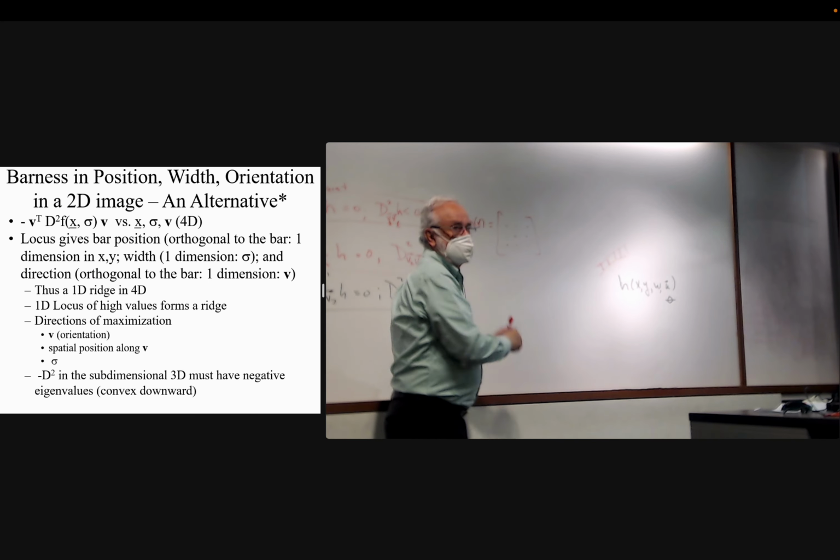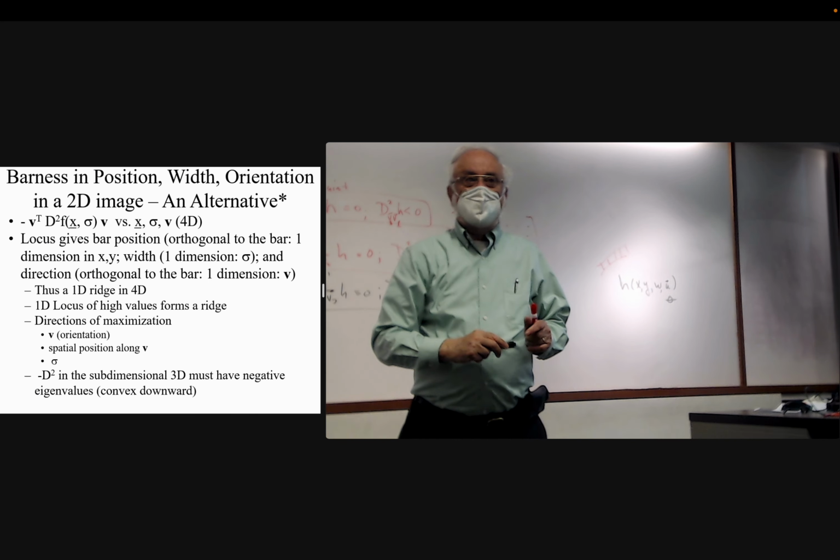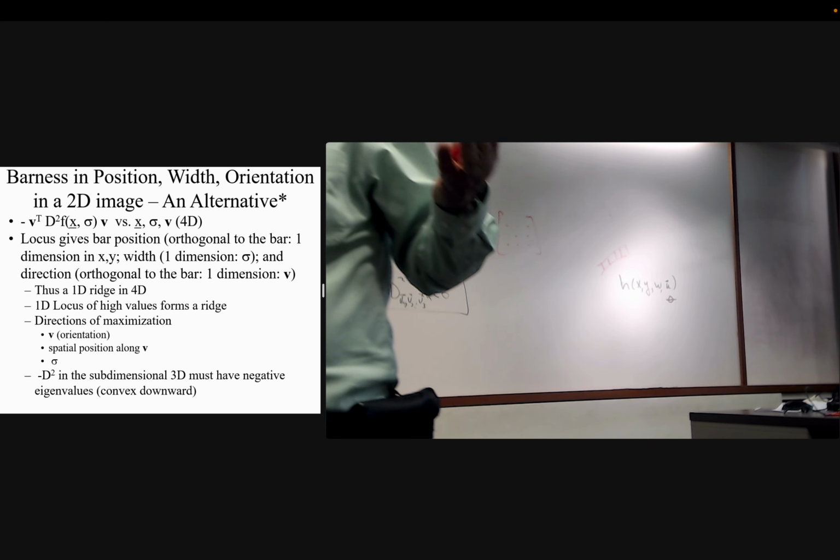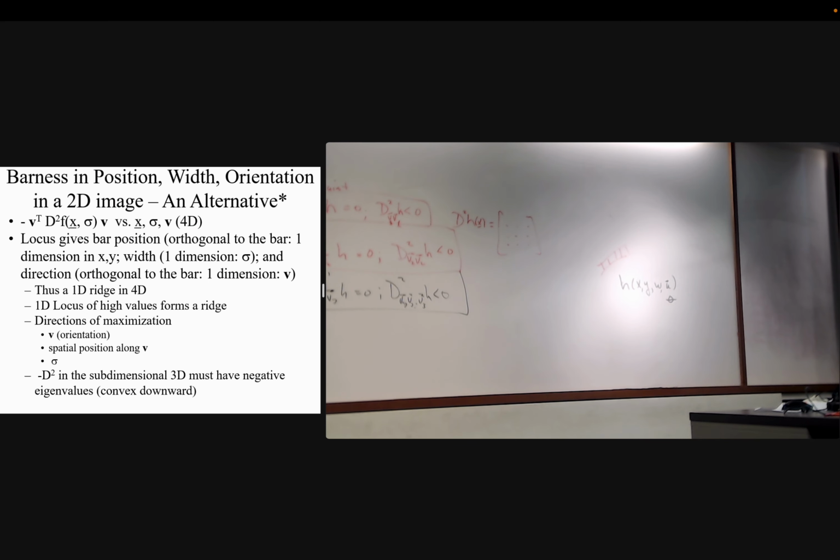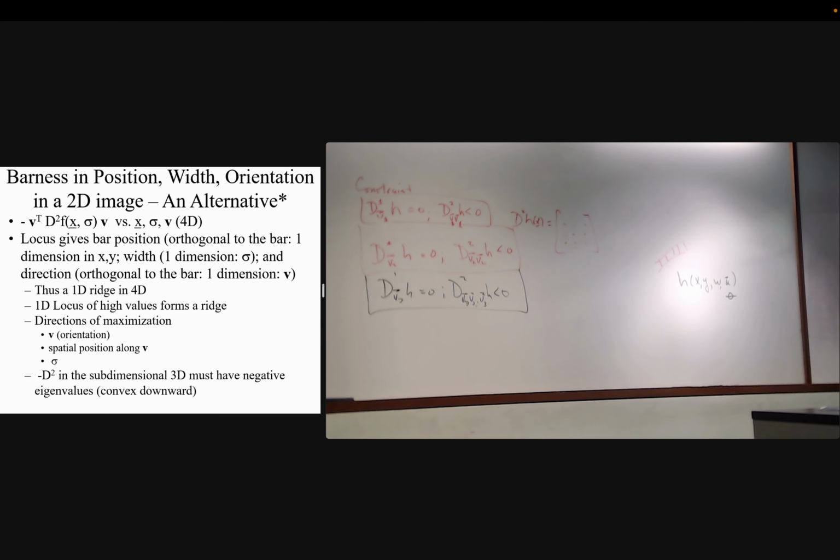It's going to be a 4 by 4 matrix for edgeness, barness, bar strength. We're going to take the places where 3 of the eigenvalues are negative. The 3 most negative ones are going to give you 3 directions, V1, V2, V3, and you're going to need relative maxes in all 3 of those directions.